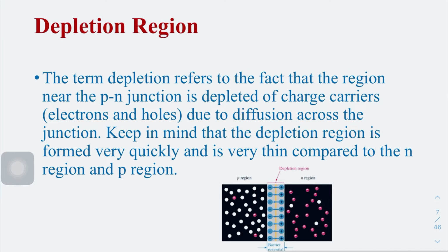As you see in this picture, the depletion layer does not contain any free carriers, electrons or holes. It just contains bound charges or bound ions. Therefore, it is called the depletion layer. It means depleted of free carriers.